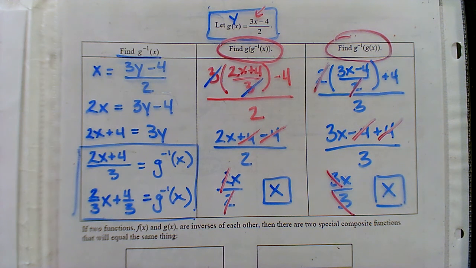If they're truly inverses or opposites of each other, they will undo each other. They'll get rid of all those numbered values. So this is presenting us with a way to test to see if two equations are inverses. Do they in fact undo each other? Get rid of all those numbers.